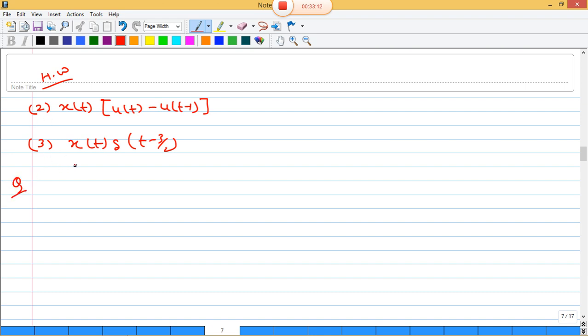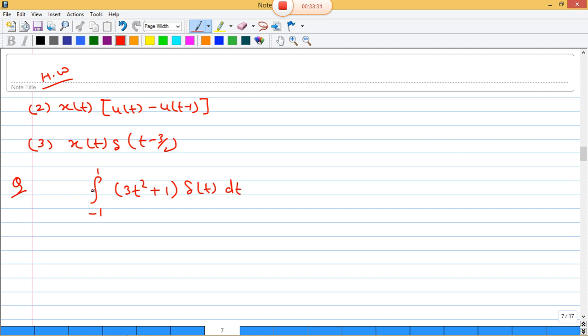Now just practice some more questions. If the integral from minus 1 to 1 of 3t square plus 1 times delta t is there, this is an integration value. So just tell me the integration value.